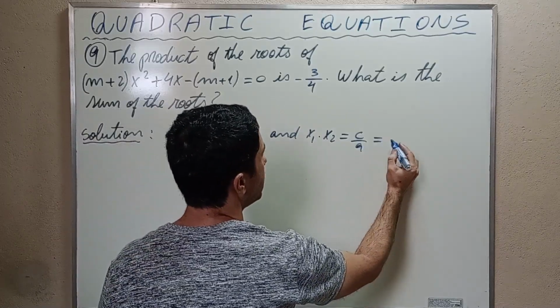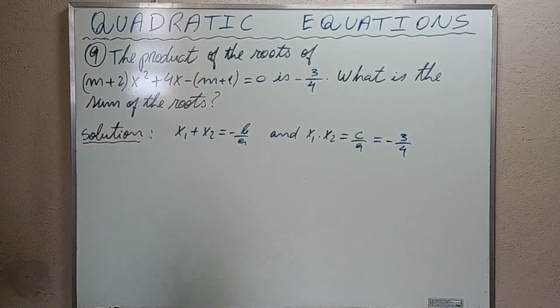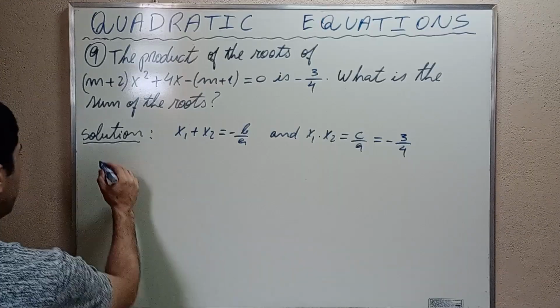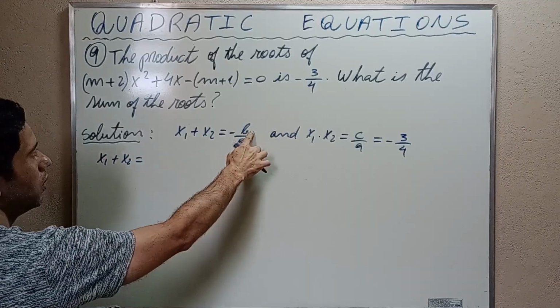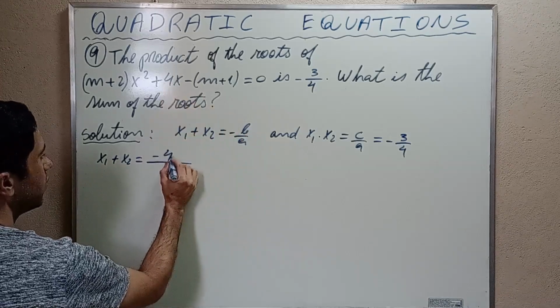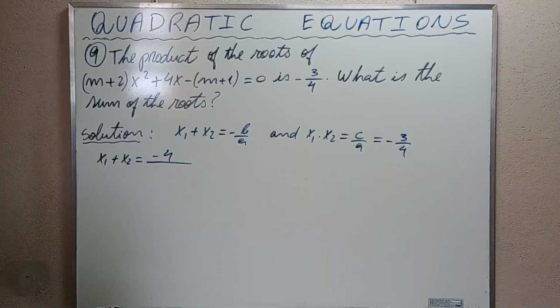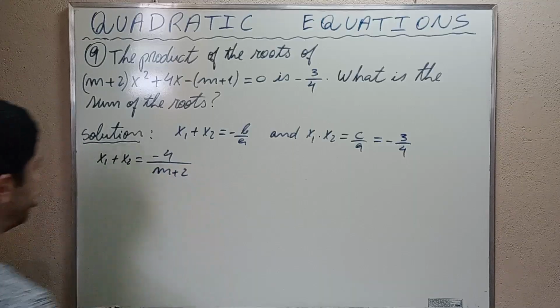So we know that it is negative 3/4, okay? This is the initial condition of this exercise. Observe that x1 plus x2 is equal to negative b, b is 4. Then this is equal to negative 4 divided by a. A is equal to m plus 2, okay?